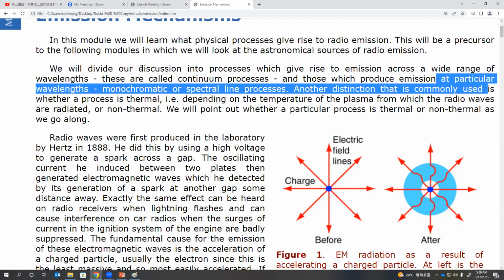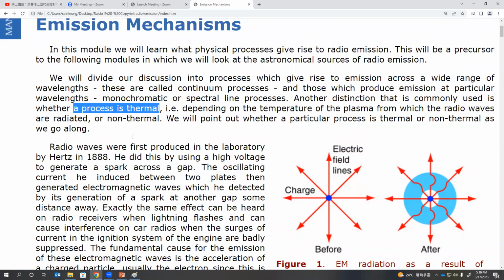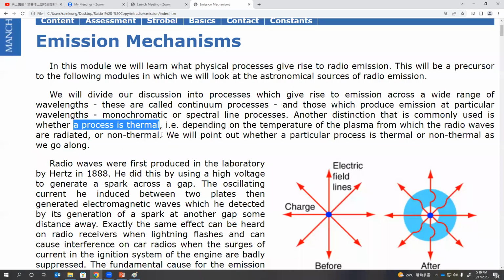Apart from this simple classification into two types, either continuum or spectral line observation, we also commonly talk about the emission mechanism of the celestial body with respect to thermal radiation or non-thermal radiation.